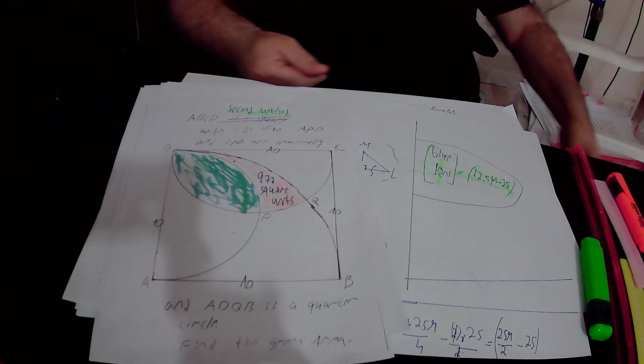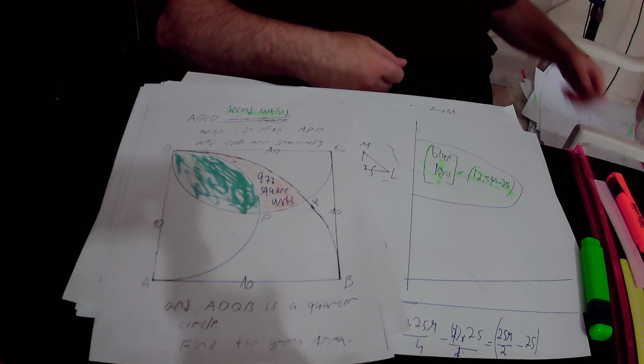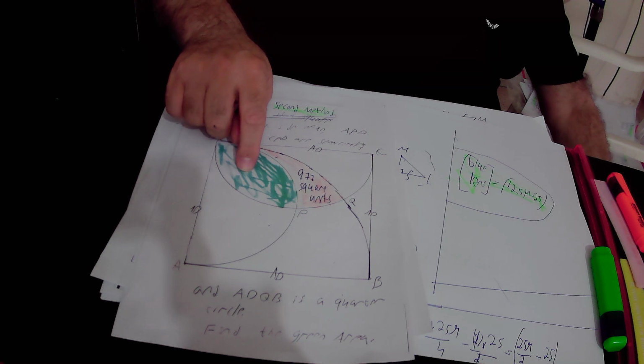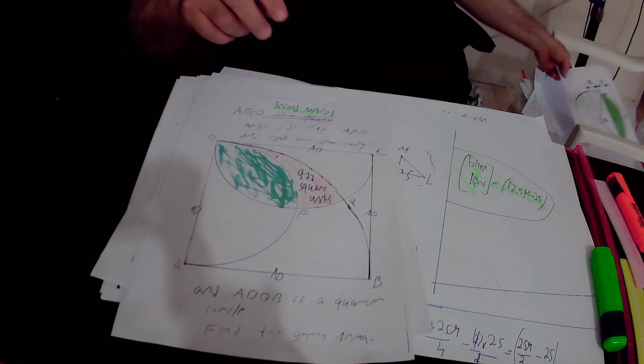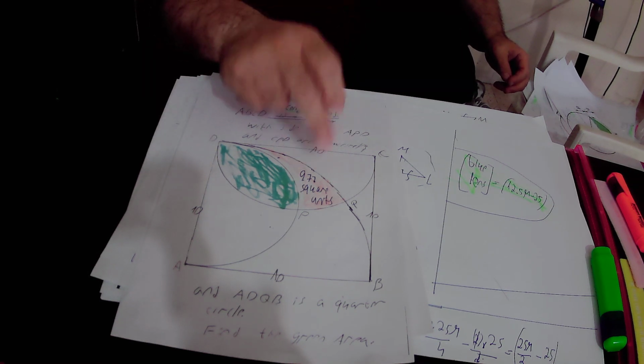Then, in the second method, we actually found out directly the area of the big lens. Then we found out directly the area of the blue lens. We subtracted the two areas from each other, and this gave us the area of this orange shape.